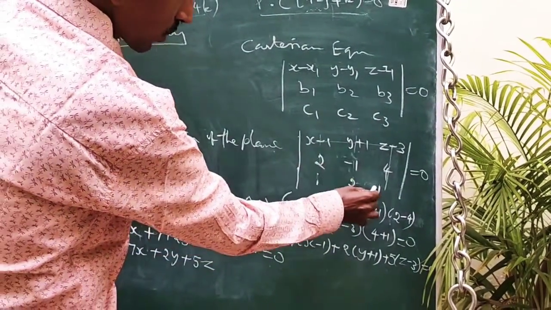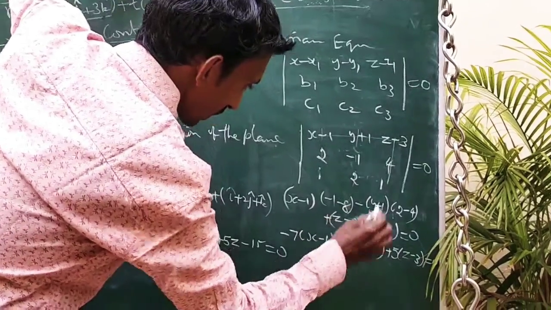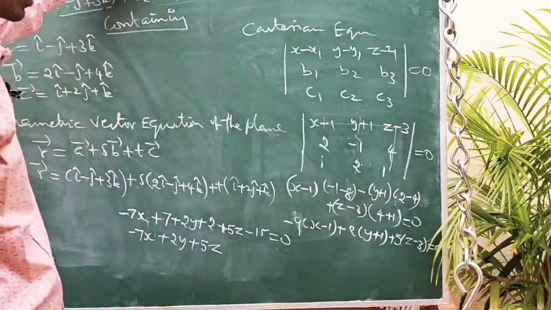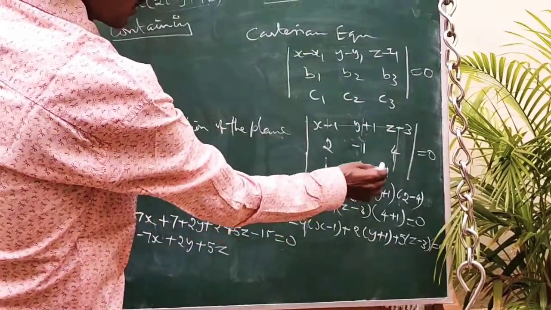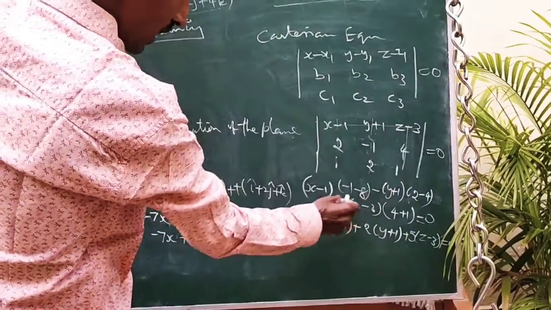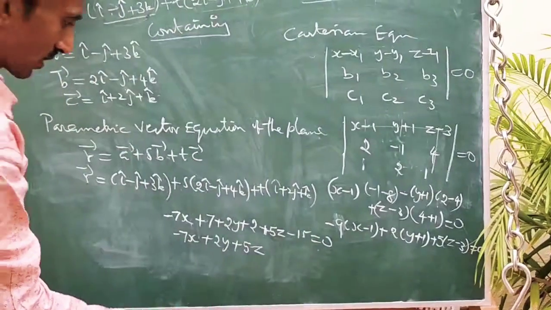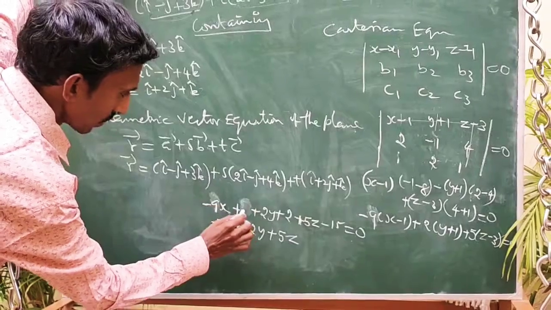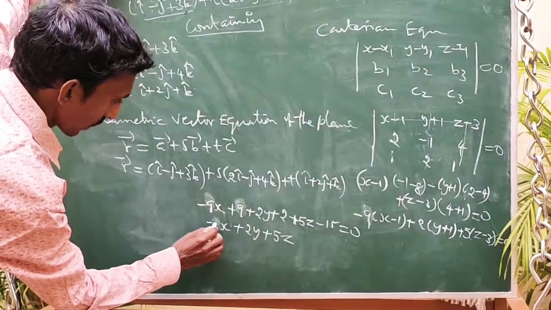First column, minus 1 plus 8. Sorry students, there is a mistake. So it is minus 9. 2 fours are 8. So minus 1 minus 8, so minus 9. So what are we getting? Minus 9x plus 9.